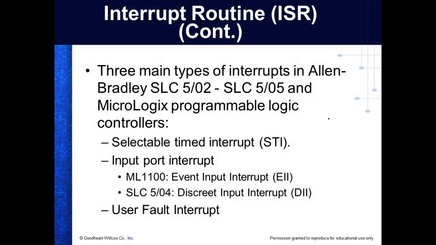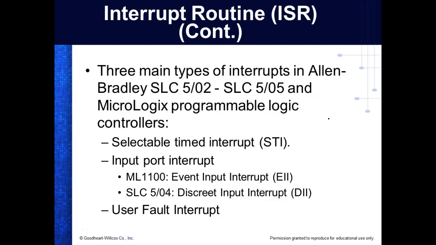There are 3 main types of interrupts in Allen-Bradley 500 series and MicroLogic controllers. We have a selectable time interrupt. Then we have an input port interrupt. On the 1100 it's called an input interrupt. And then on a modular PLC, you have to buy an input module that supports interrupts, right?